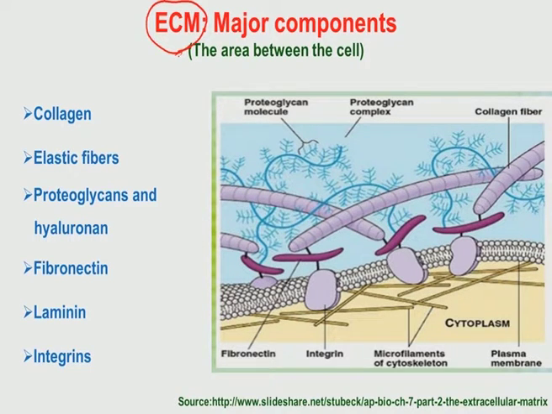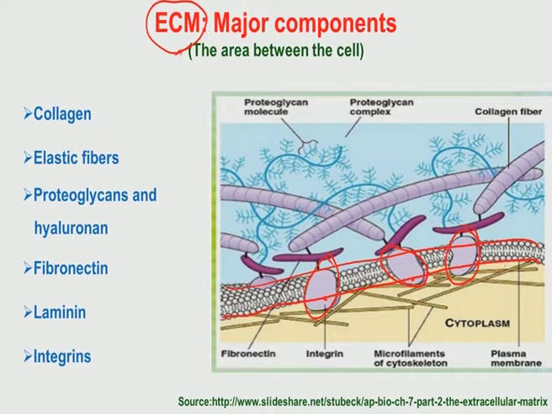Now, this slide shows you a little bit more detail of this extracellular matrix. What you see is your cell membrane, and in the cell membrane there are transmembrane proteins, which I have mentioned to you before, and these transmembrane proteins are the integrins, and you have a plasma membrane here.